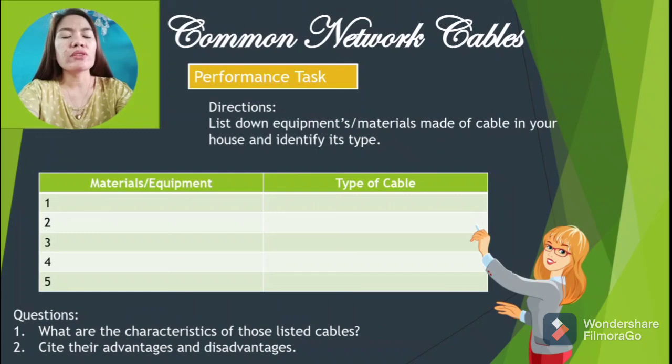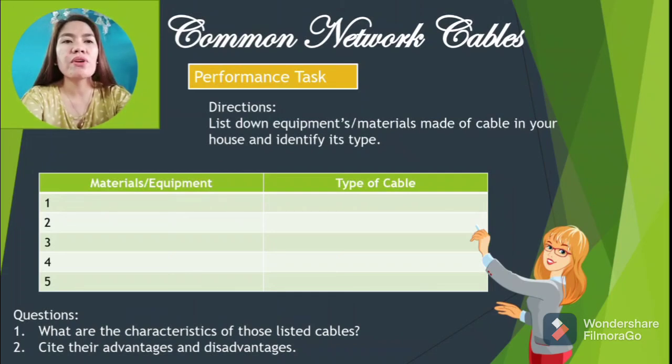What are the characteristics of those listed cables? So please state the characteristics. Then cite their advantages and disadvantages. Okay? So for your performance task again, you can send it through our FB Messenger, or you can PM or DM me your answers.